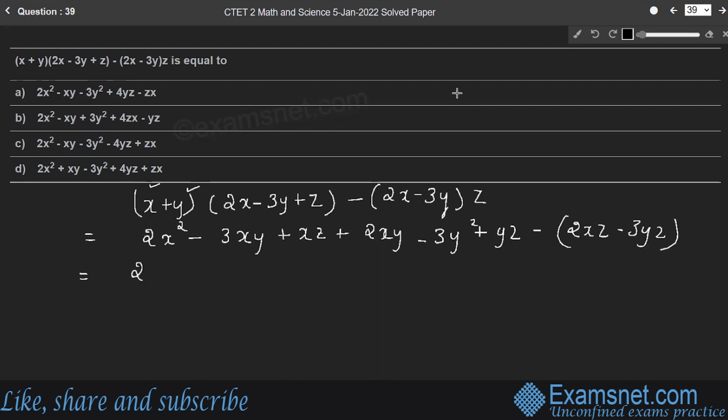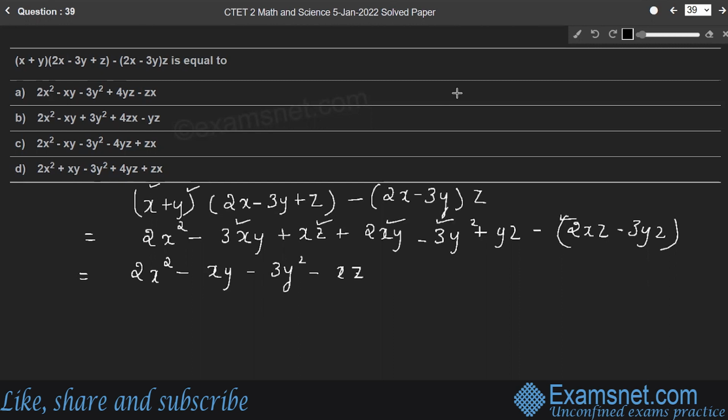2x square. So minus 3xy plus 2xy, it is minus xy, minus 3y square. Here xz minus 2xz, it is minus xz. Okay.